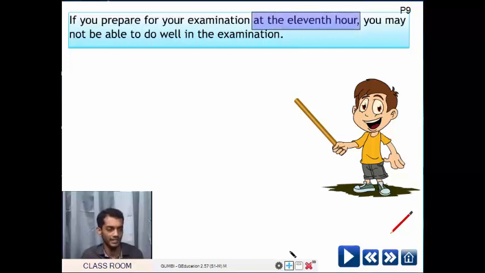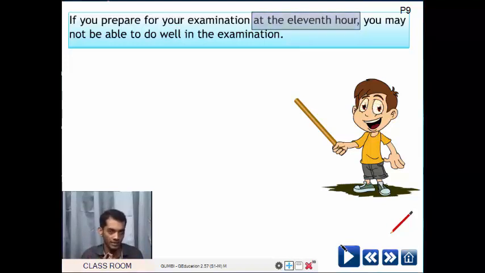What does it mean? Can you guess? It means at the last stage or at the last minute. If something happens at the 11th hour, it means when it is almost too late or at the last possible moment. Understood? I hope now you can tell me the meaning of this idiom.